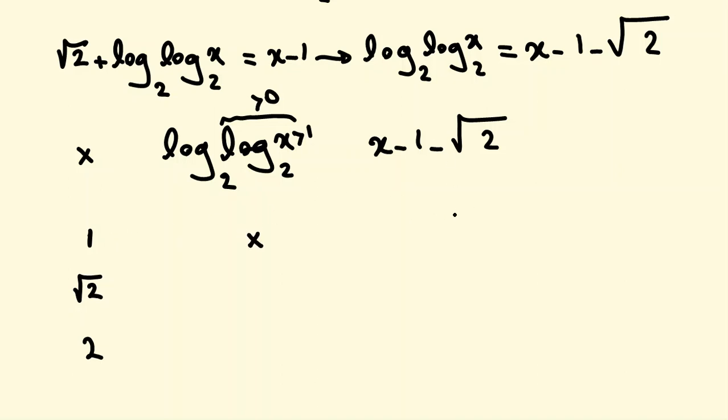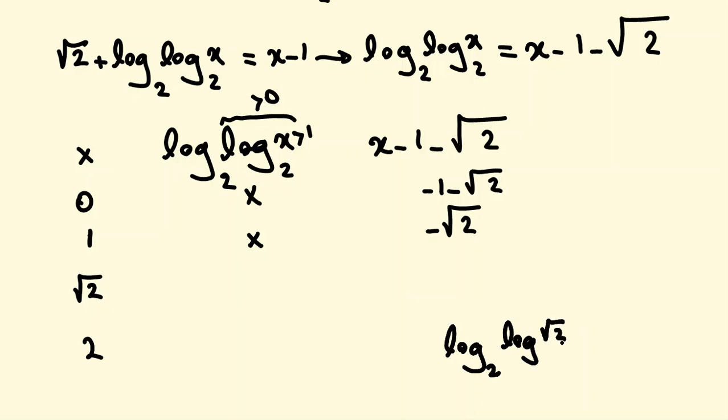So if you place 1, it doesn't have any answer, this one. This one will be 0 minus 2, negative root 2. For 0 also, we don't have any answer here, but it will be negative 1 negative root 2. For this one, root 2, if you place it here, let me calculate this part and then I will erase.